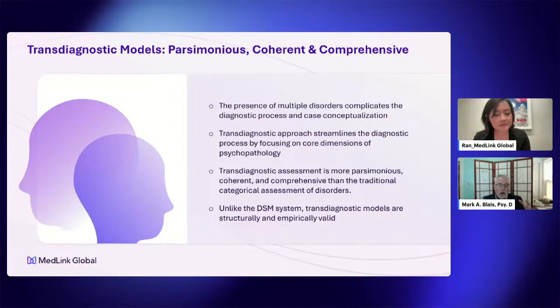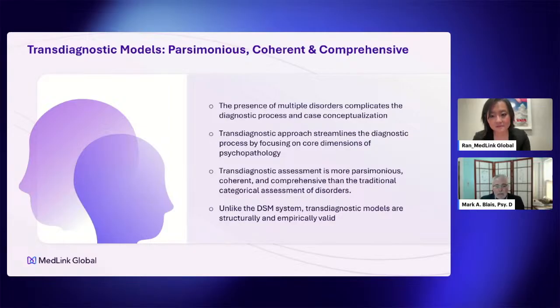So when a patient presents in an outpatient clinic or in your office for the first time, they usually have multiple psychiatric conditions and an array of symptoms. This complicates the diagnostic process, which then makes case formulation difficult and hampers treatment decisions.